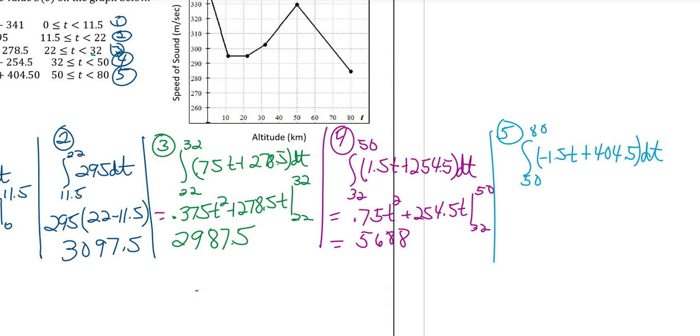When I integrate, I get negative 0.75 t squared plus 404.5 t evaluated between 50 and 80. And that gives me a value of 9,210. So that is the answer to part A.